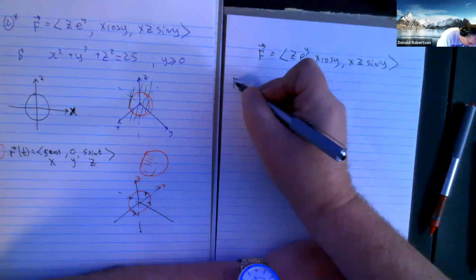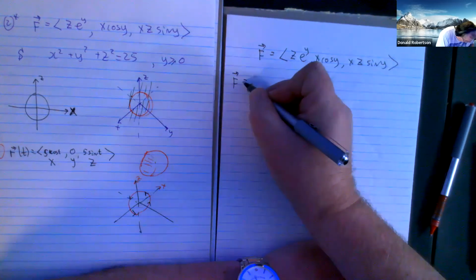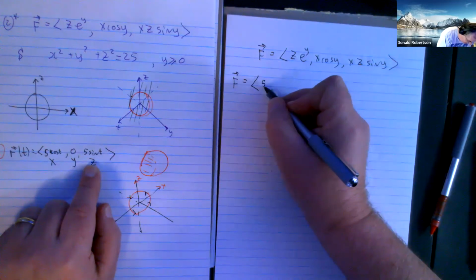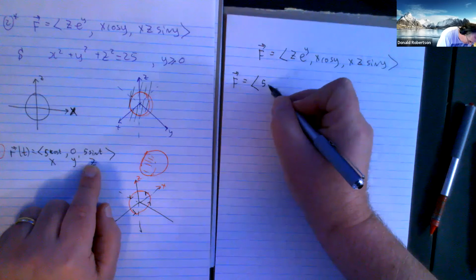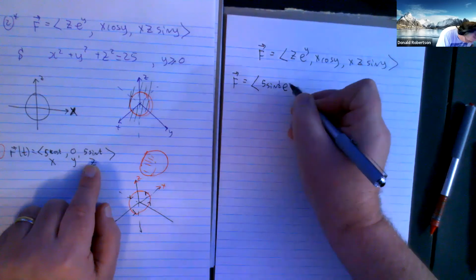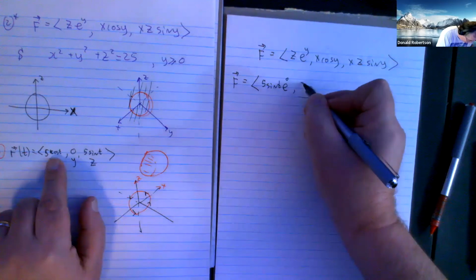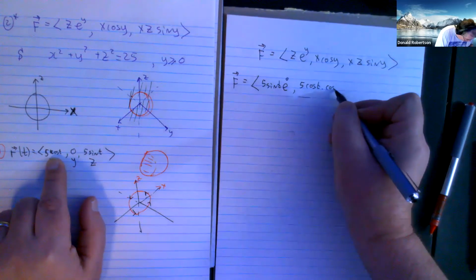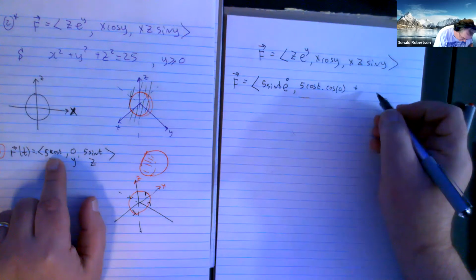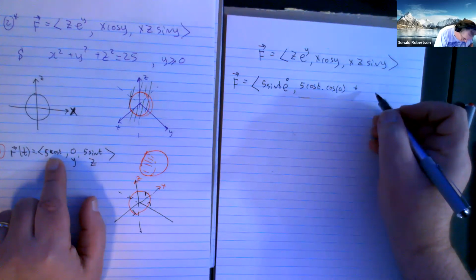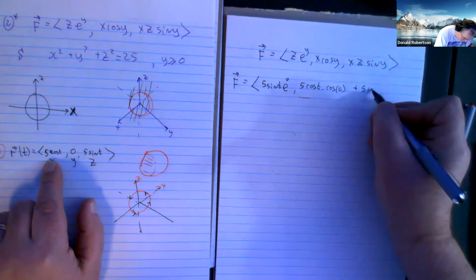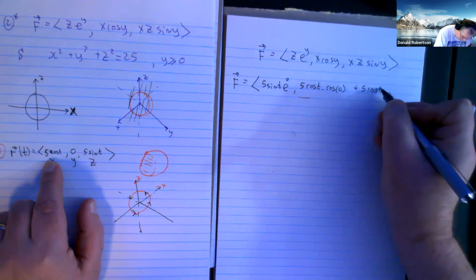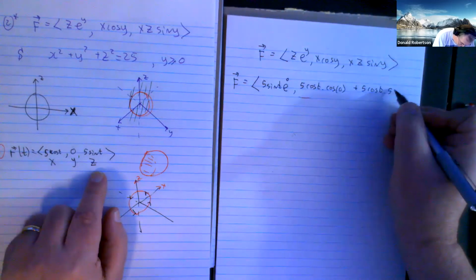So my vector function ends up being 5 sine t times e to the 0, 5 cosine t times cosine of 0, plus 5 cosine t, 5 sine t, sine of 0.